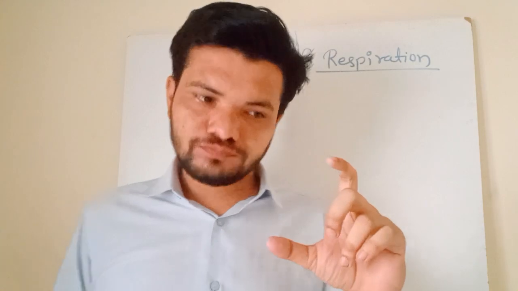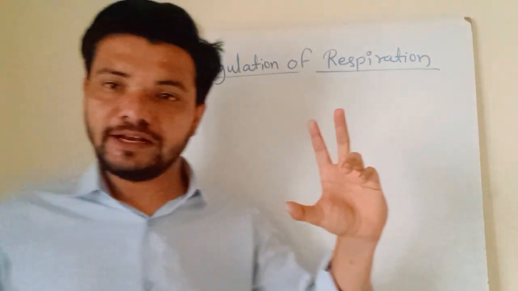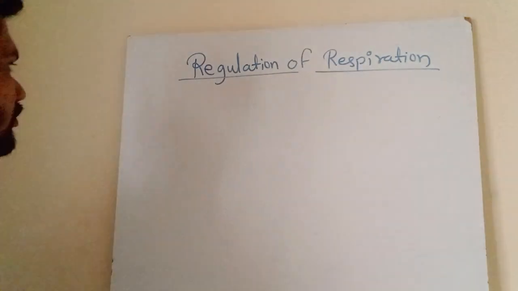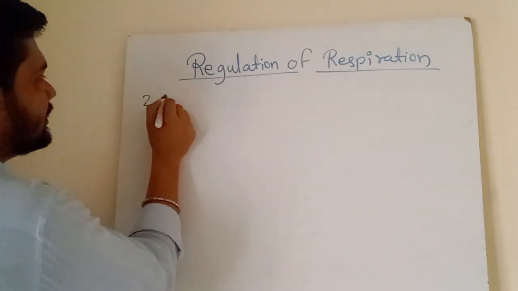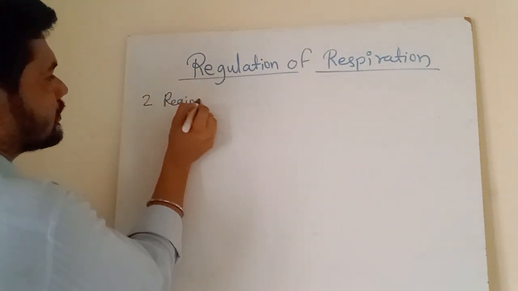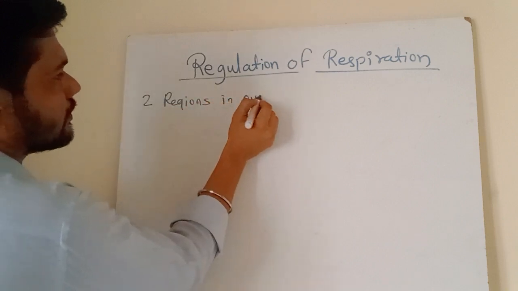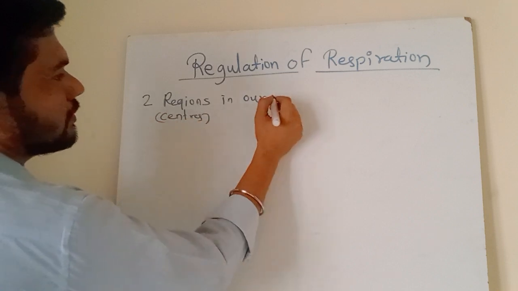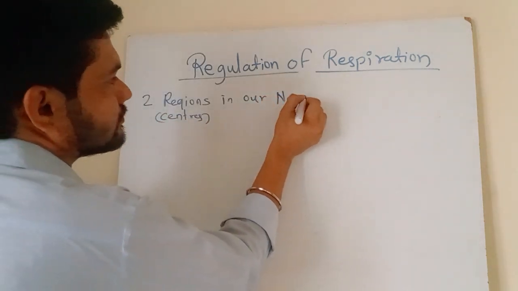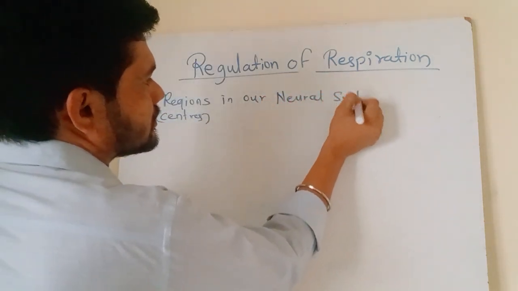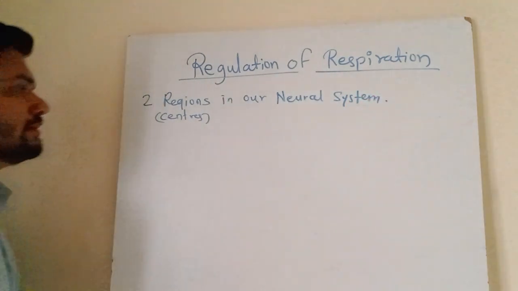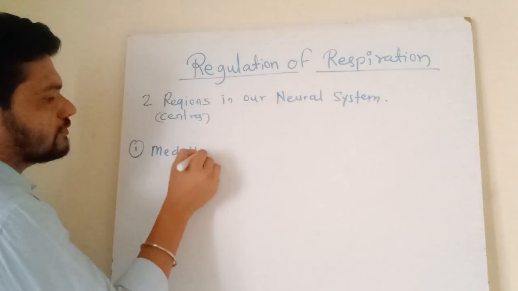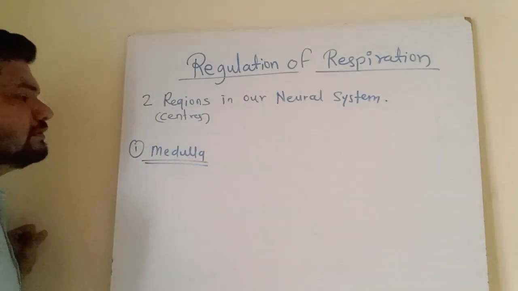So that's why we need to regulate the respiratory process, and for that we have two regions, or we can say centers, in our neural system. The first is present in the medulla, which is part of your hindbrain.